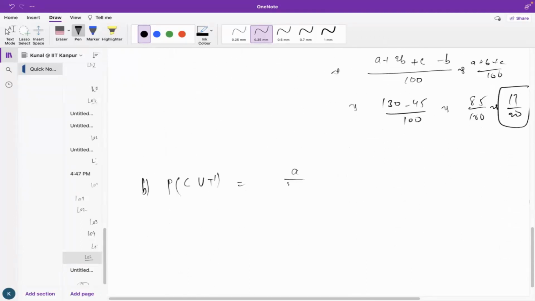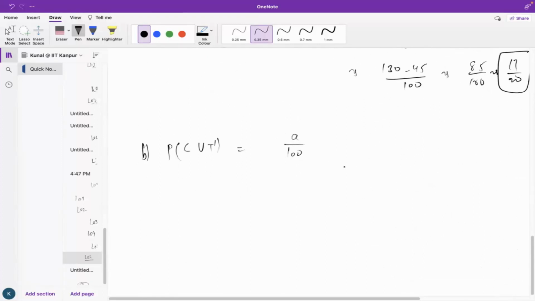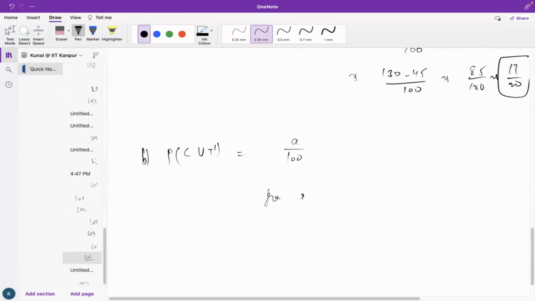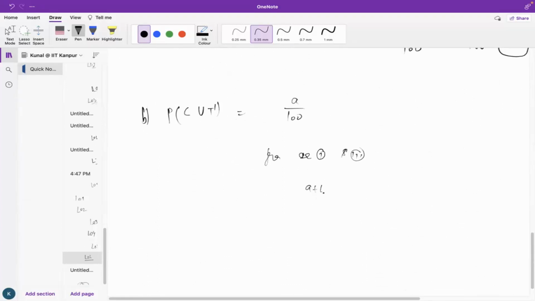So A by 100. How to find A? From equation 1 and third, we can calculate A plus B is equal to 60. So the value of A is 60 minus 40 of 5, so it will be 15. So it will be 15 by 100. When we solve this, we'll get 3 by 20.